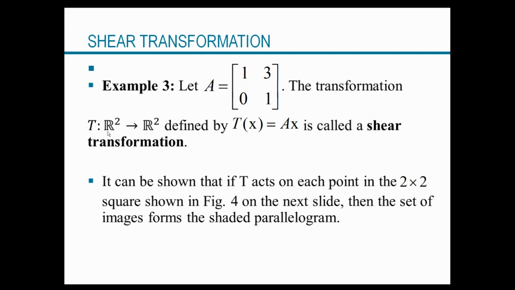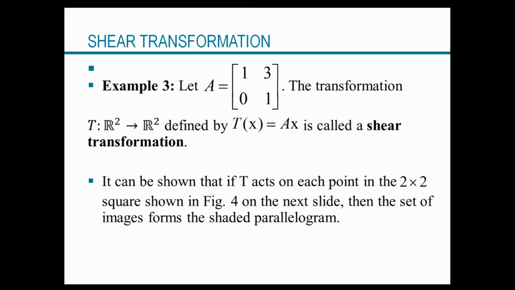This transformation defined by A times X is called a shear transformation. Since we have a 2 by 2 matrix, it's going to map vectors in R2 to other vectors in R2. That makes sense.